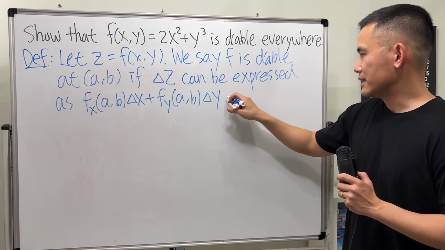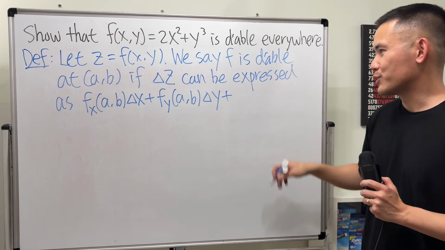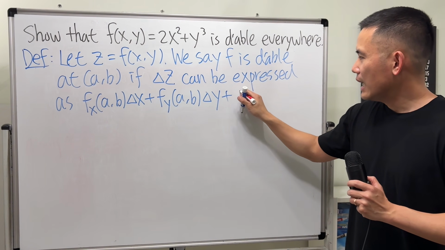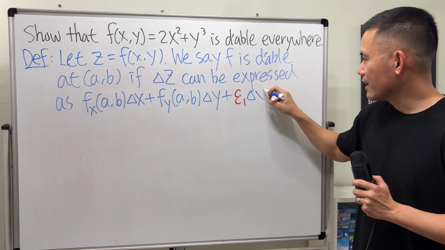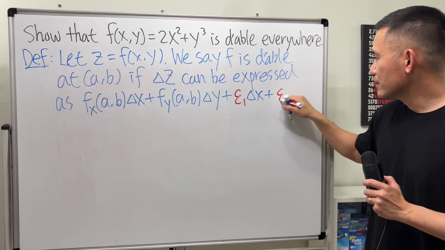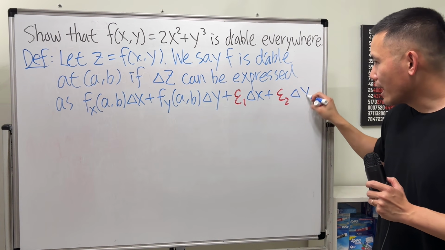And now the rest is very strange, plus epsilon 1 times delta x plus epsilon 2 times delta y.